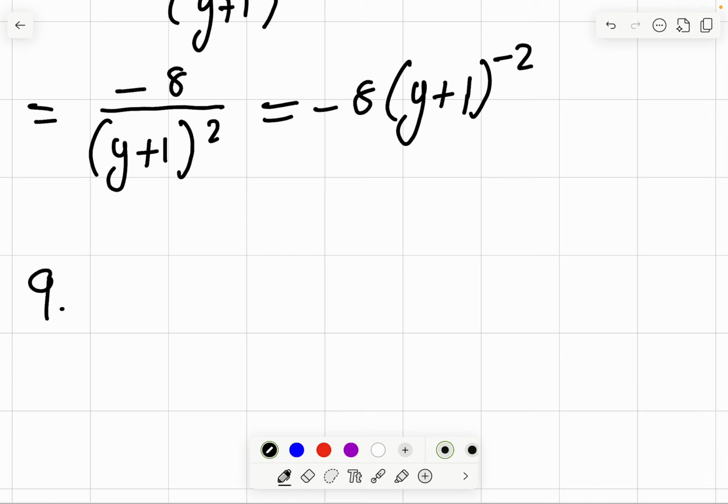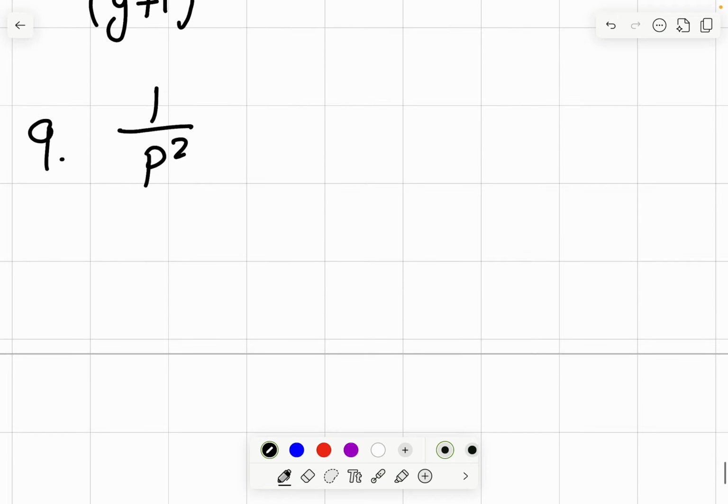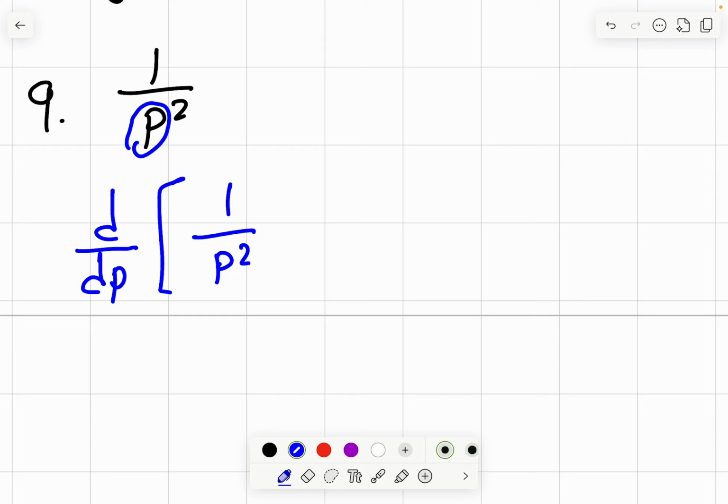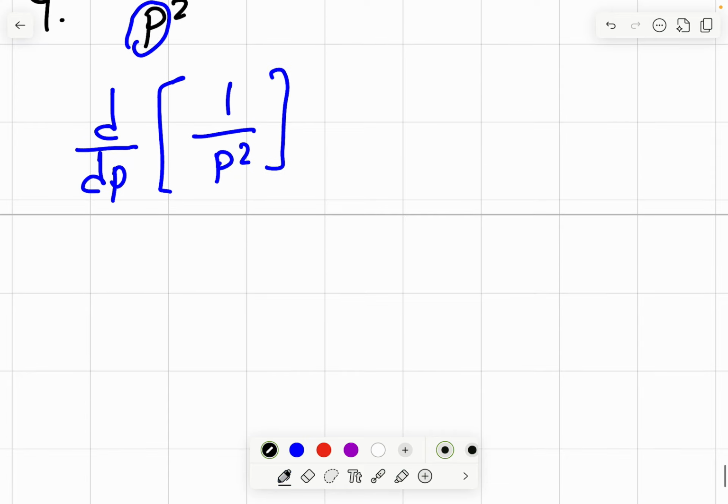Number 9, we have 1 over p squared. So we don't have a subject of the formula as something. It means we're deriving with respect to this variable, which is p. I'm saying d over dp of 1 over p squared. So I'm starting. Don't forget the equal sign.